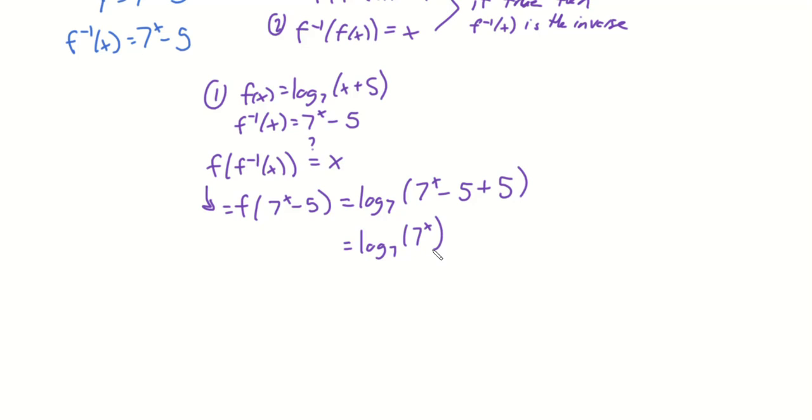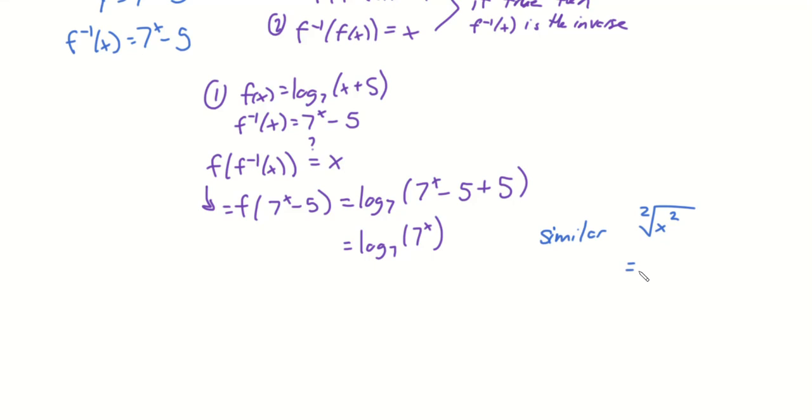Have we seen this before? We have? What is this equal to? My bases are the same. These are two inverse functions with the bases that are the same. So this is very similar to this: the index of 2, x squared.